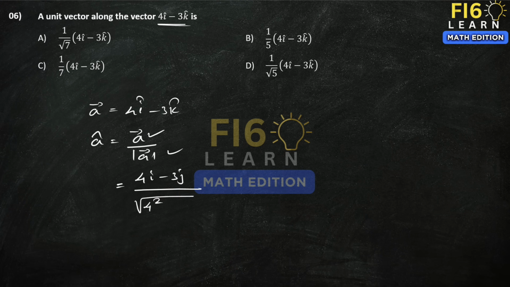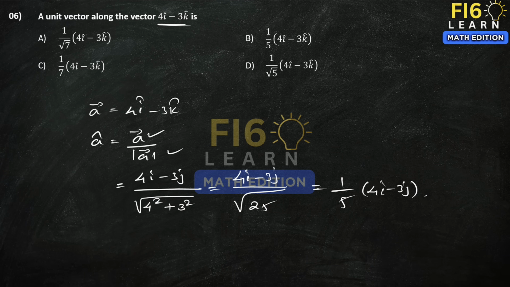We square the I component, 4 square, and the j component, 3 square. So we get 4i minus 3j divided by root of 16 plus 9, which is 25. This will be equal to 1 by 5 times 4i minus 3j cap. That's the required answer. This is option B.